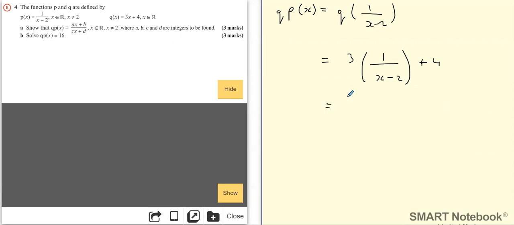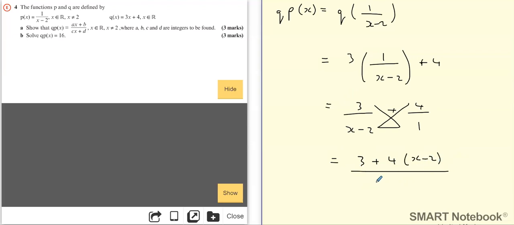And so if I multiply the numerators, I get 3 over x minus 2 plus 4 over 1. And now I can cross multiply and make the denominators the same. And so we have got 3 plus 4 times x minus 2 over x minus 2.